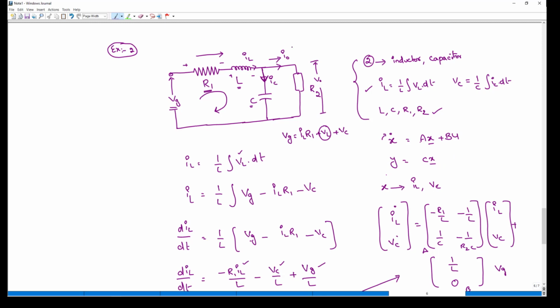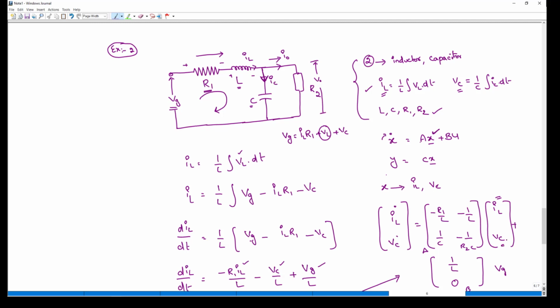There is no direct relation from input to output, so d is equal to 0, y is equal to Cx. Now x is a state variable, so since there are 2 energy storage elements, 2 state variables will be there. What are the state variables? IL and Vc.